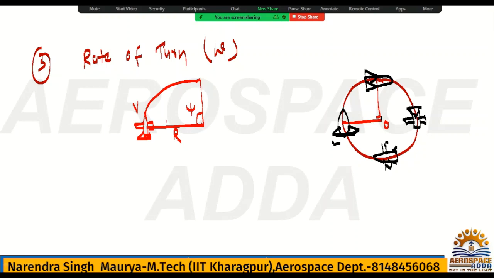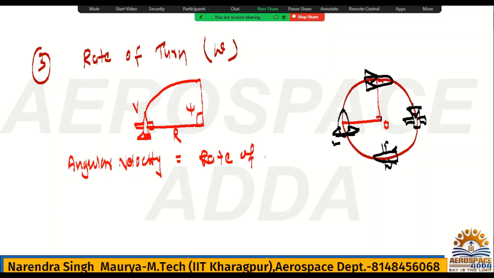Now, how to get angular velocity? It's 12th standard physics only. There should not be any doubt. What is the angular velocity? Angular velocity is nothing but the rate of turn here. You know the formula V is equal to r omega.